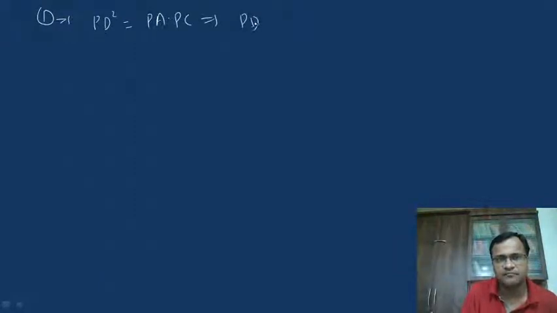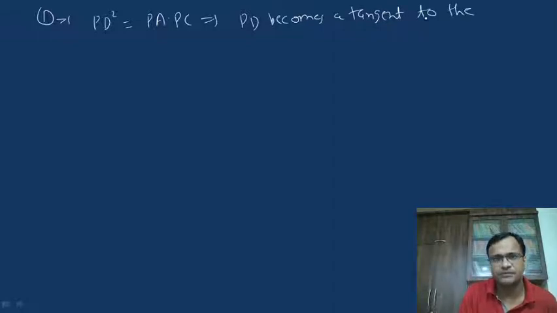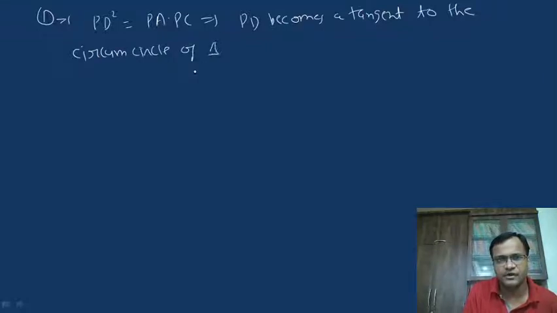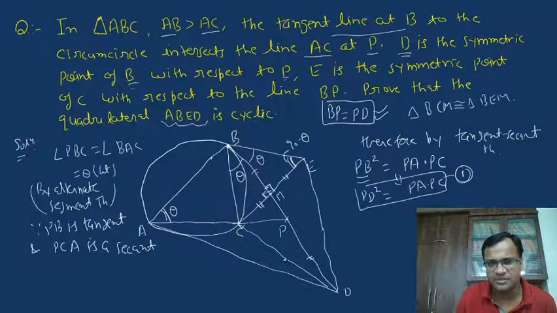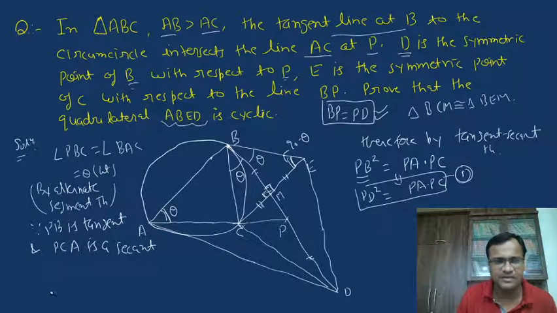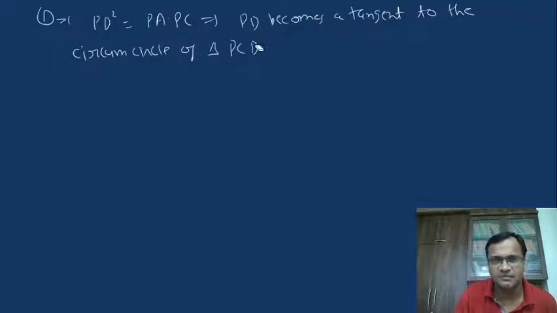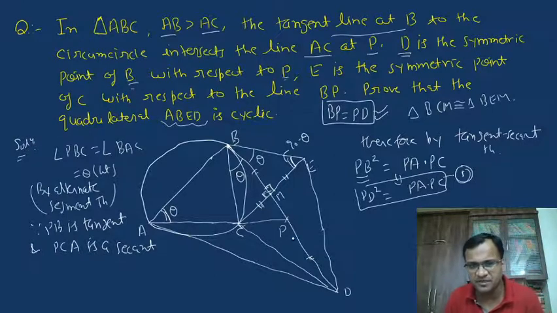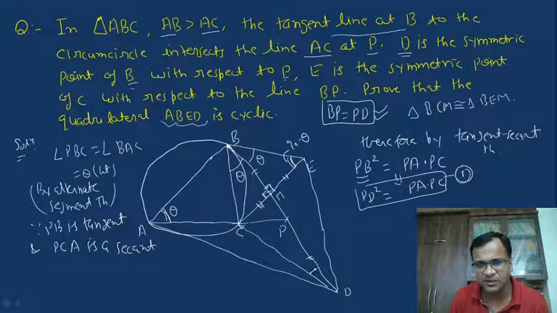This will imply PD becomes a tangent to the circumcircle of triangle, sorry, ACD. Pardon. Circumcircle of triangle ACD.